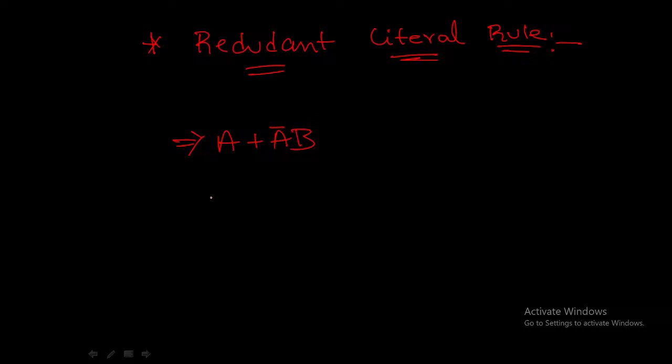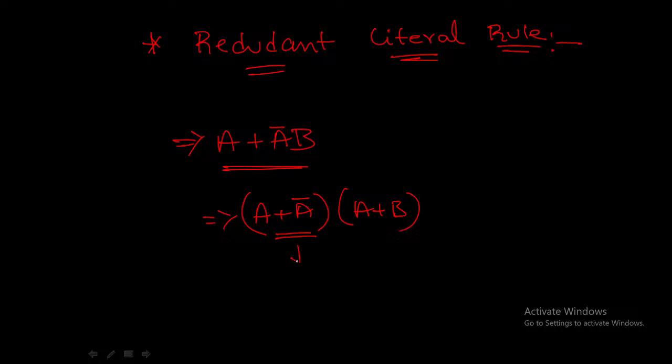According to the distributive law, it can be written as (A + A bar) into (A + B). What is A + A bar? In the OR operation we have seen A + A bar is nothing but 1, and A + B is remaining. So the answer is A + B.